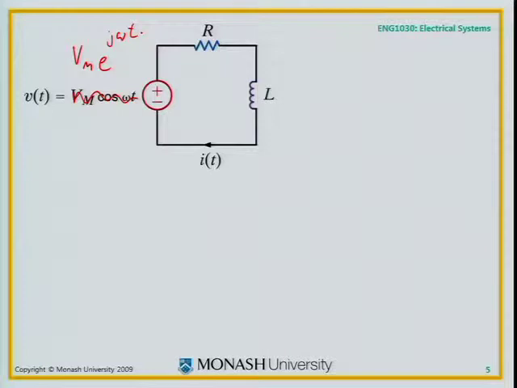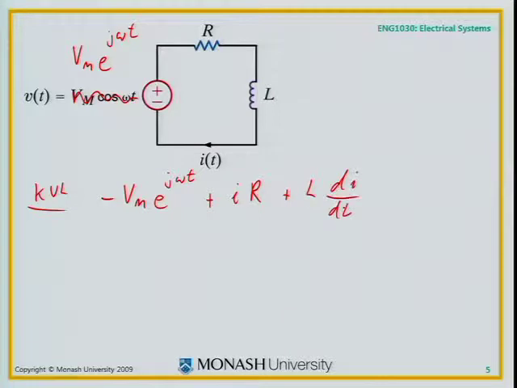So by Kirchhoff's voltage law, minus Vm e to the j omega t plus I times R, the voltage drop across the resistor, plus L times di by dt, the voltage drop across the inductor, equals 0. Kirchhoff's voltage law around that loop.